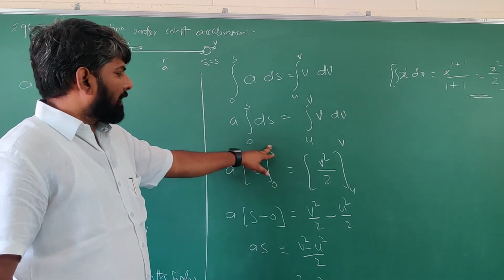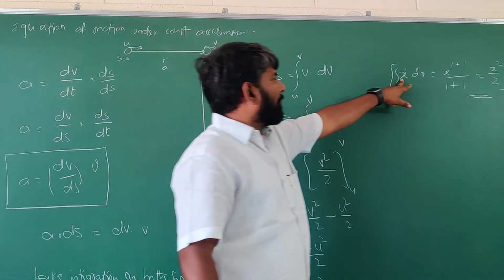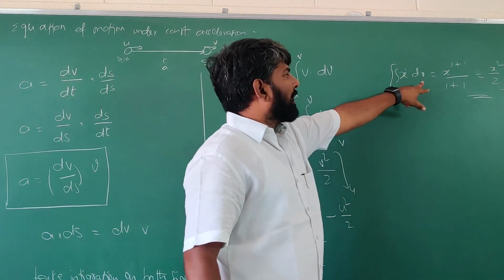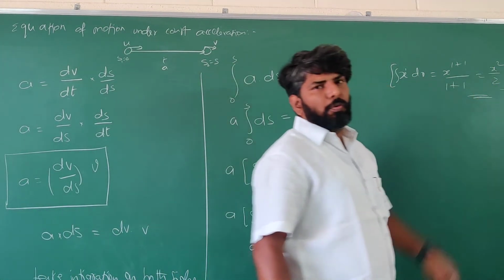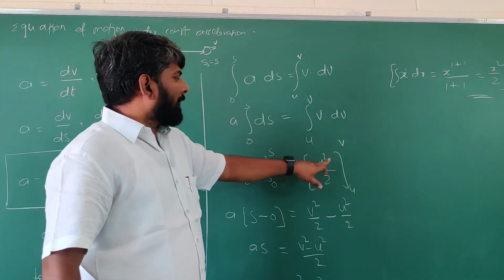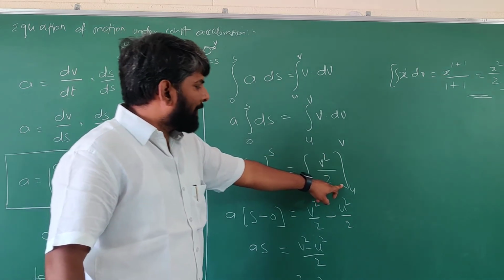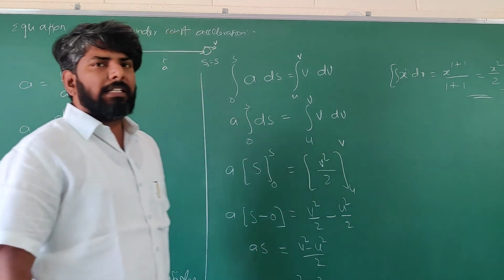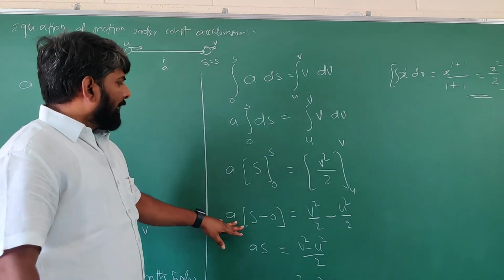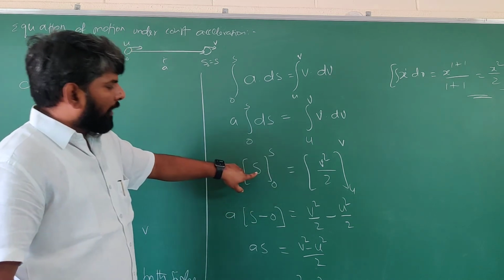Now ds becoming s, from 0 to s, is equal to integration of v dv. It is like integration of x into dx, whose formula is x square by 2. So integration of v into dv becomes v square by 2, with limits from u to v. Now we first substitute the upper limit minus the lower limit.